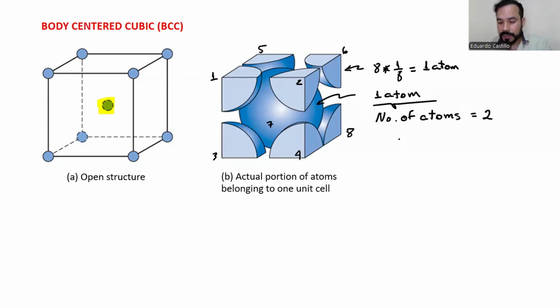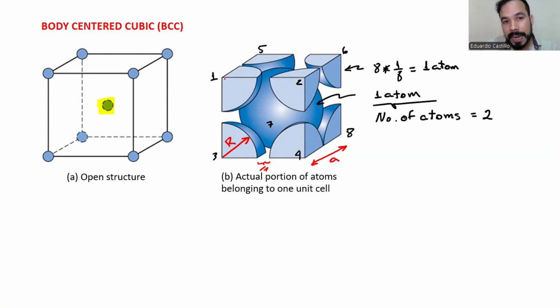So that changes. What else changes with respect to the SC? Also, let me change the color. If I use red, now here I have my radius of the atom. However, they don't touch. Because there is an empty portion here, I can't say that a, which is this distance, will be equal to 2R anymore.